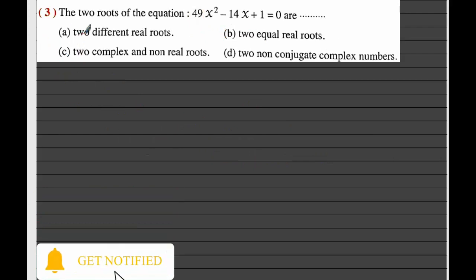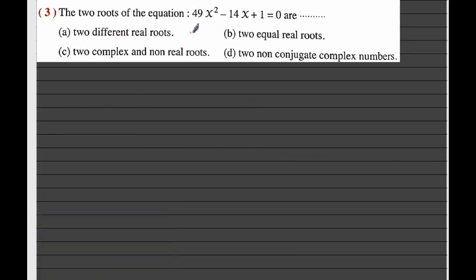Question number 3. The two roots of the equation 49x squared minus 14x plus 1 equals 0 are one of these. First and always we determine the discriminant. The discriminant equals b squared minus 4ac, and we have a equals 49 and b equals negative 14 and c equals 1.